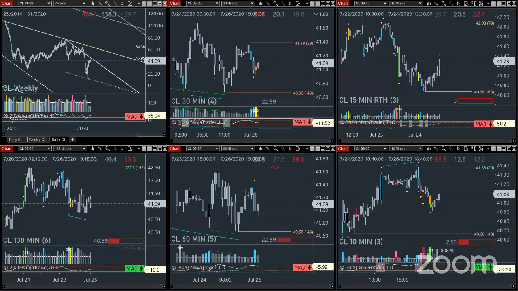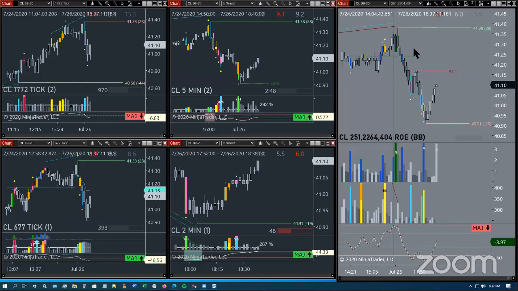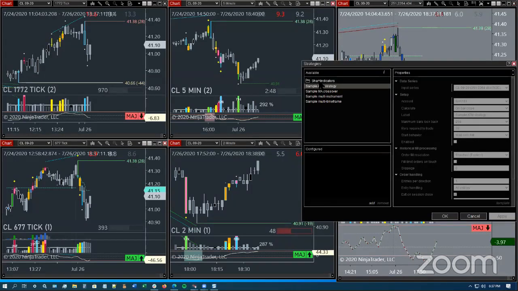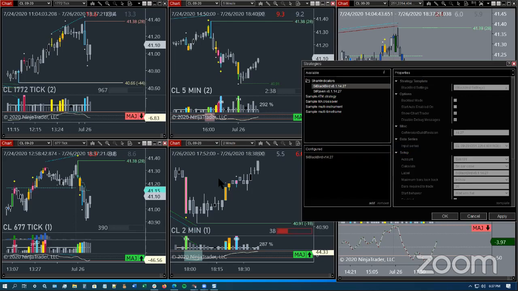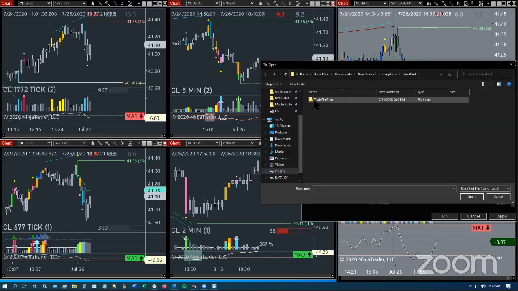Real quick, you can even do that with Blackbird. So I'm typically using Blackbird, although I haven't been as much as I used to, but now that it's actually working pretty well, I will be using Blackbird from here on out.